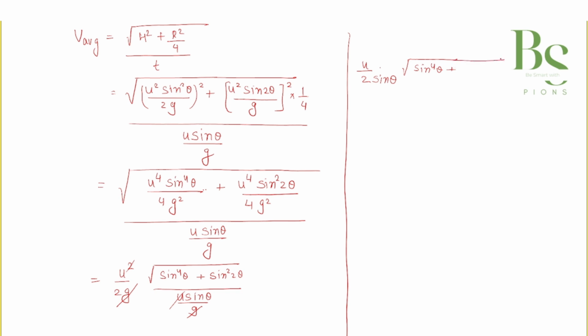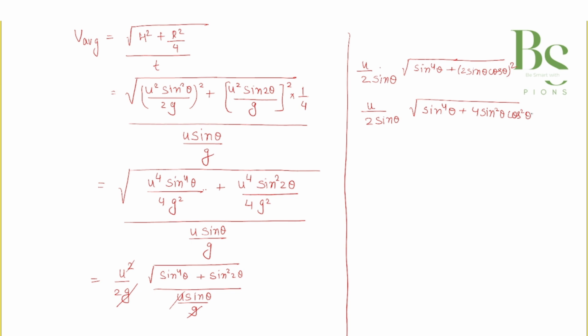What is sine square 2 theta? Sine 2 theta is 2 sine theta cos theta, whole square. Yes, sine 2 theta is 2 sine theta cos theta, so I have made a whole square of that. So this will be u upon 2 sine theta, root under sine power 4 theta plus 4 sine square theta cos square theta.